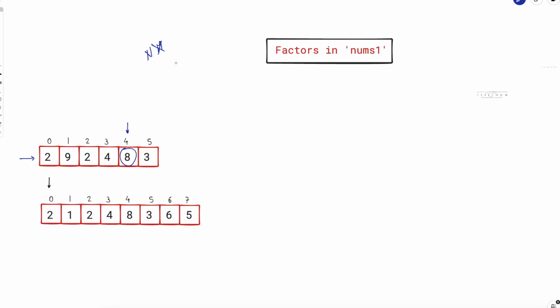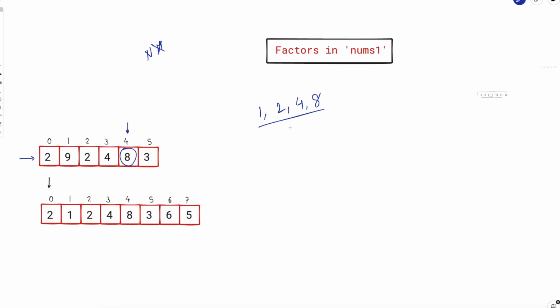Now it's evident that we have to iterate over all possible factors of i, for factors of 8, right? So let's say if i is this, then you are iterating over all possible factors of 8. So possible factors of 8 are 1, 2, 4 and 8, right? Don't worry about how to enumerate this factor, we'll come to that. But let's say you have enumerated this factor.